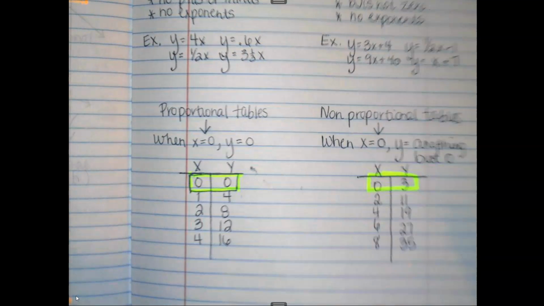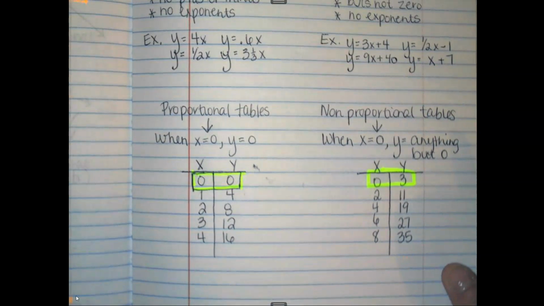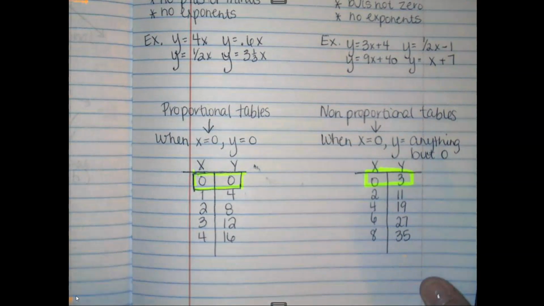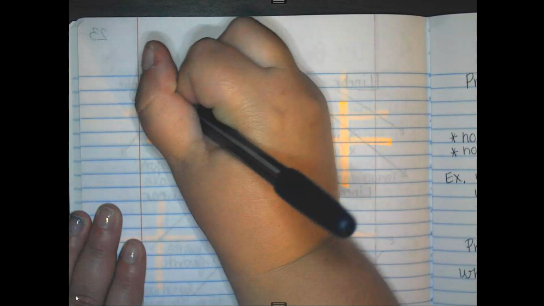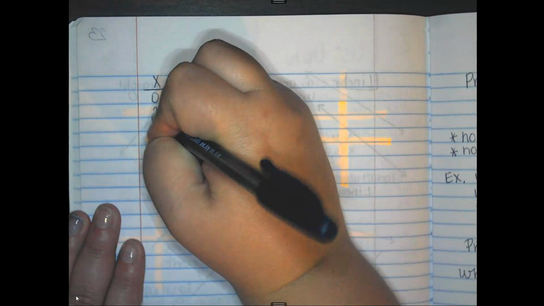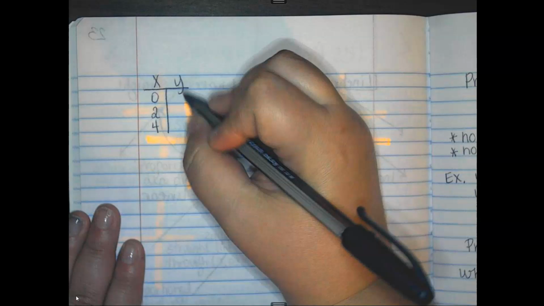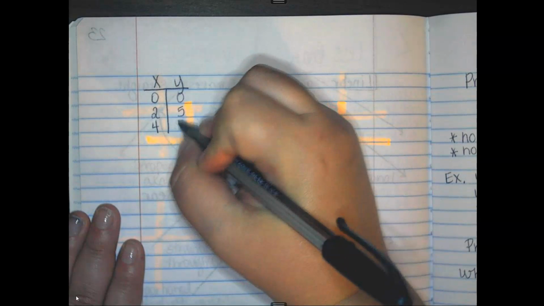Alright? So we're going to look at a couple of tables together. So we're going to go to the left side of page 24. Sorry, you can see my lines from yesterday. Alright, so I'll draw a table. It's going to have 3 lines. So we have X, Y, and we have 0, 2, 4, 0, 5, 10.